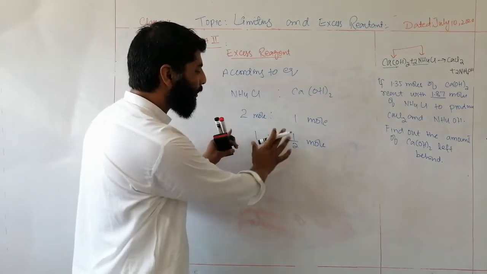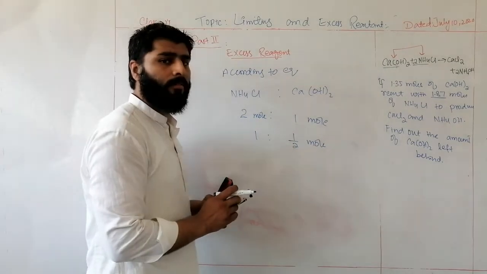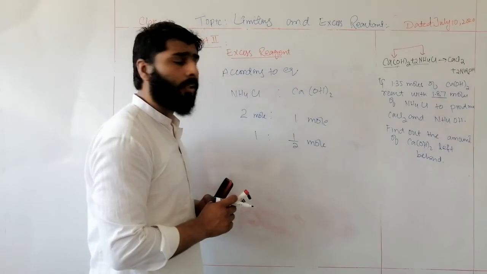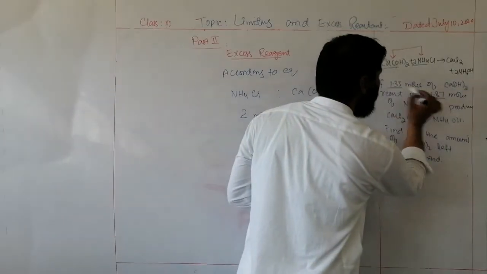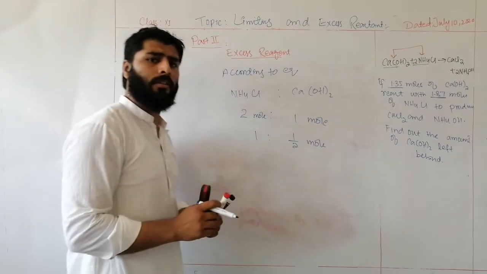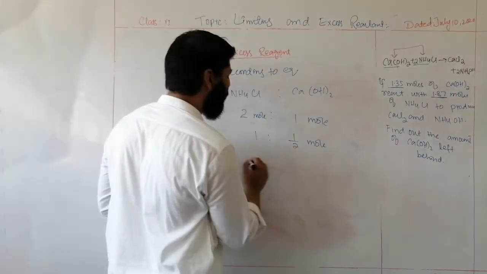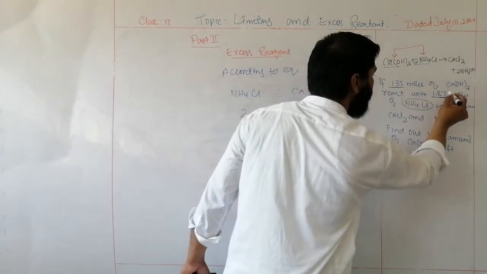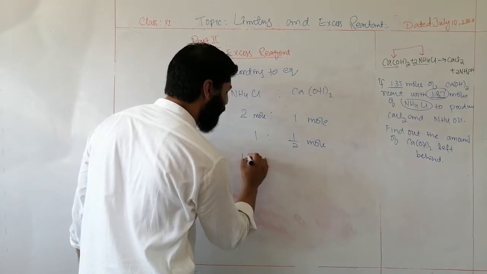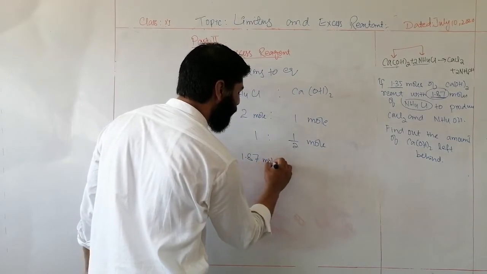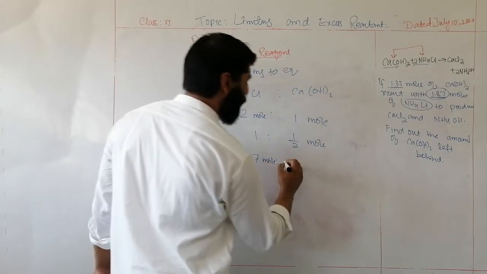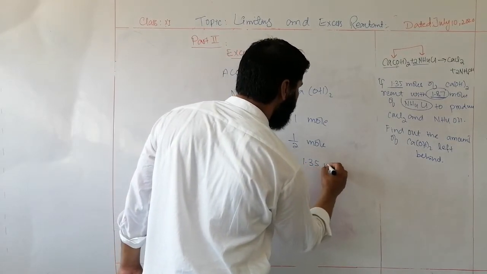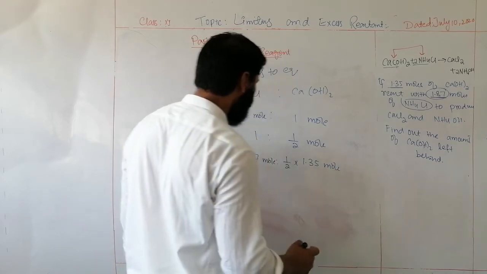So this is the information which we get from the reaction. Now use the values given. You are asked to find the number of moles of ammonium chloride. Ammonium chloride is 1.87 moles. We are using 1.87 moles with half into 1.35 moles.